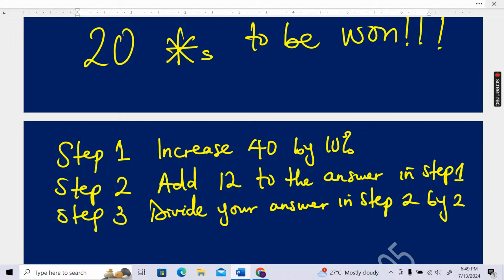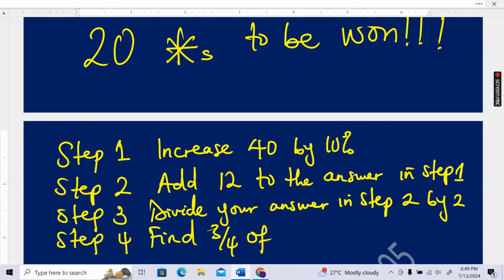Step four: find 3/4 of the answer in step 3.